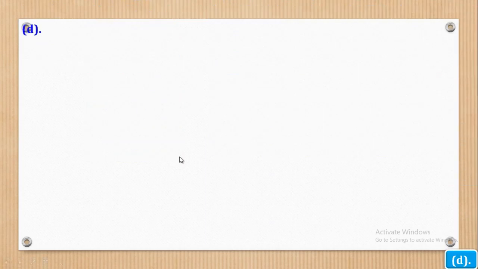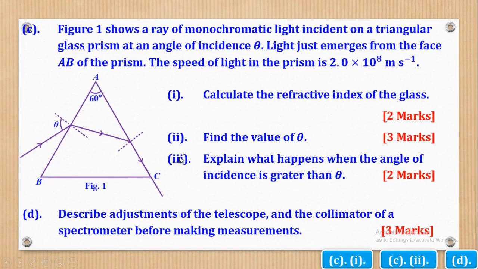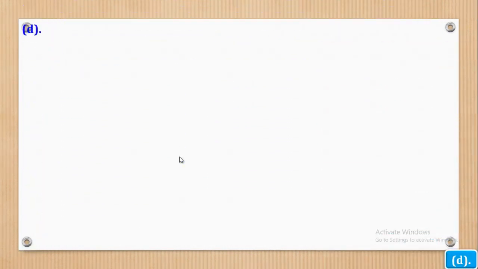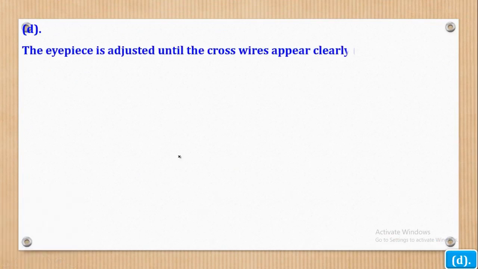So now we shall go to part D. Part D says, describe adjustments of the telescope and the collimator of a spectrometer before making measurements. One shows that the eyepiece is adjusted until the cross wires appear clearly or are in sharp focus.